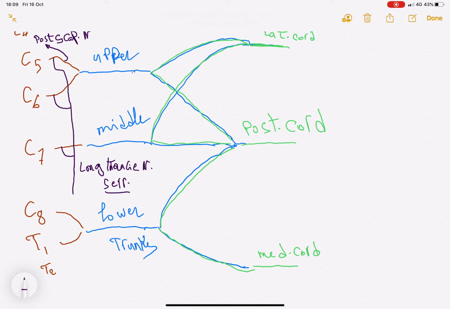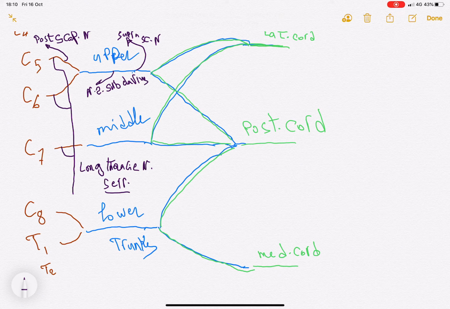Then we come to nerves from the trunks. We have branches only from the upper trunk, which is the nerve to subclavius and the suprascapular nerve. Again, let's repeat this.